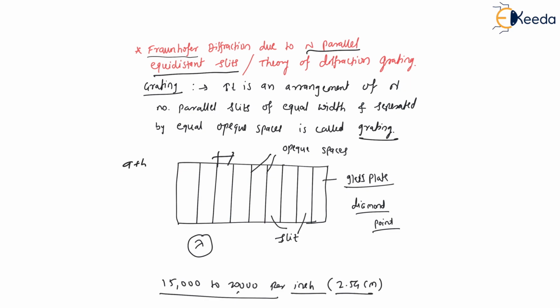That means the value of a plus b will decrease, and ultimately the number of orders, or grating order, that is the value of m, will also decrease. But ultimately it will make the principal maxima sharper as well as more intense. So such types of questions are usually asked in your university examinations. So be prepared for that.